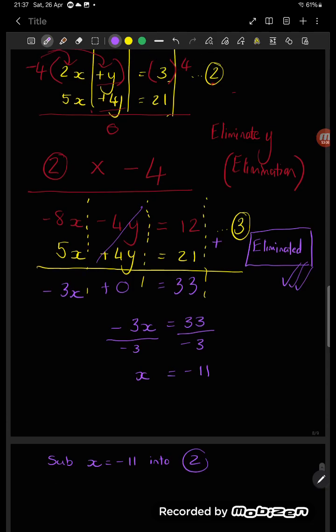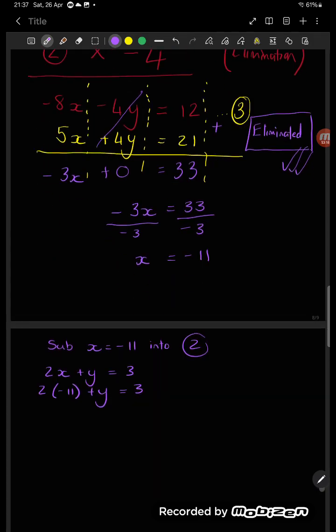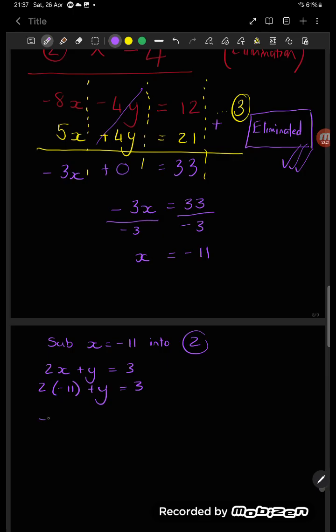So 2x plus y equals 3. Substitute that guy. Minus 11 plus y equals 3. And I'm going to go minus 22 plus y equals 3. And y is equal to 3 plus 22. So y is equal to, ding, ding, ding, 25. So I've got x is minus 11 and y as 25.